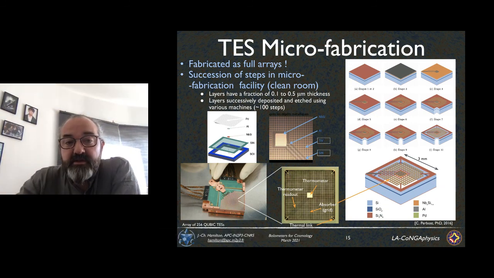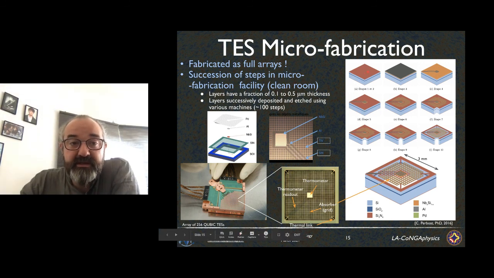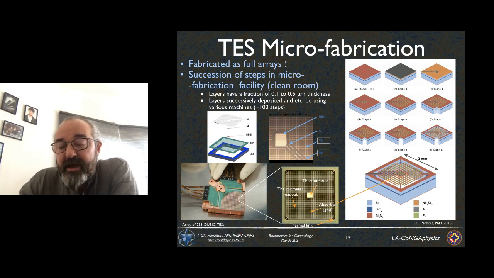It's a succession of many steps that are done in a microfabrication facility, which is a clean room with very complicated machines. And one has to successively deposit layers of different material. Here you see that you have very different materials that are deposited in very, very thin layers of 0.1 to 0.5 micrometer thickness.